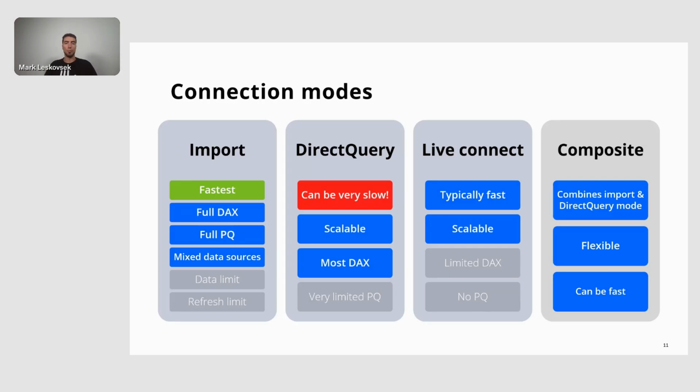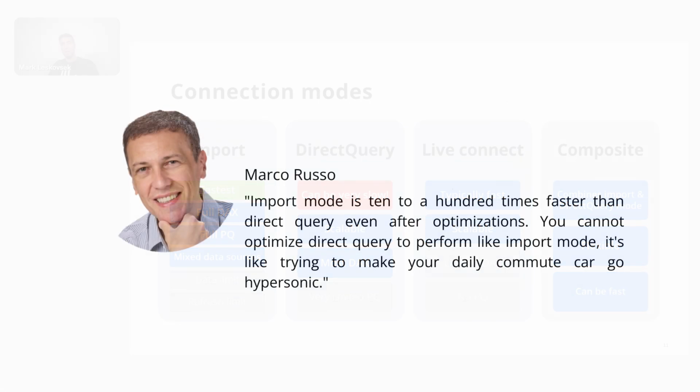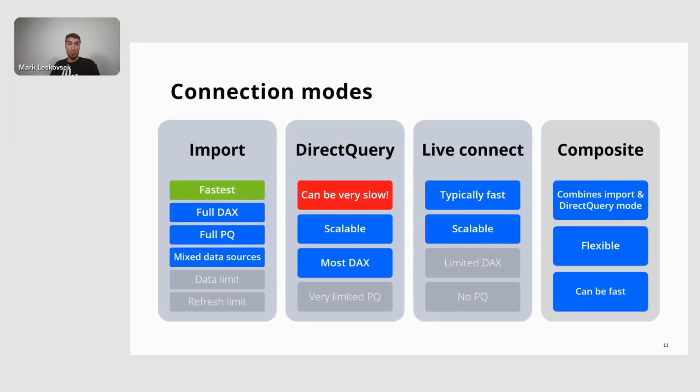I'm sure pretty much everyone in Power BI will know who Marco Russo is, but he's one of the guys behind SQLBI, and these are his words verbatim, right? Import mode is 10 to 100 times faster than DirectQuery, even after optimizations. You cannot optimize DirectQuery to perform like import mode. It's like trying to make your daily commute car go hypersonic. Not happening, right?